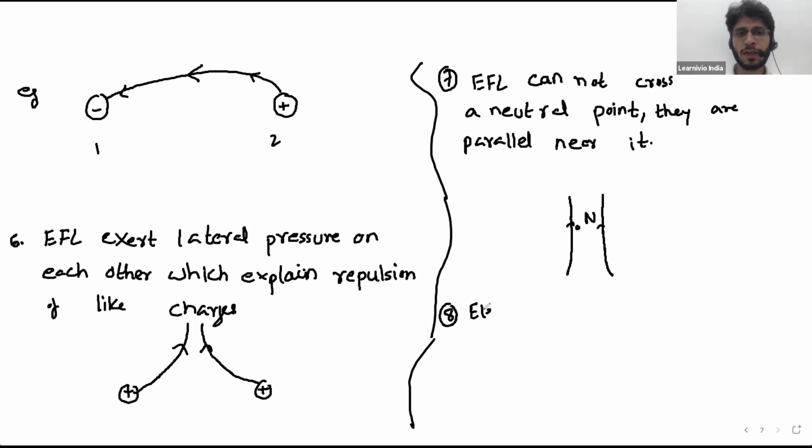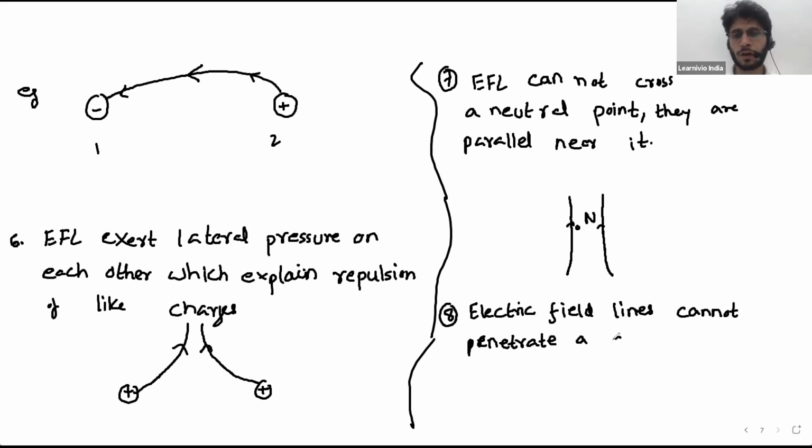So you can say that electric field lines cannot penetrate a conductor. They are perpendicular to its surface.